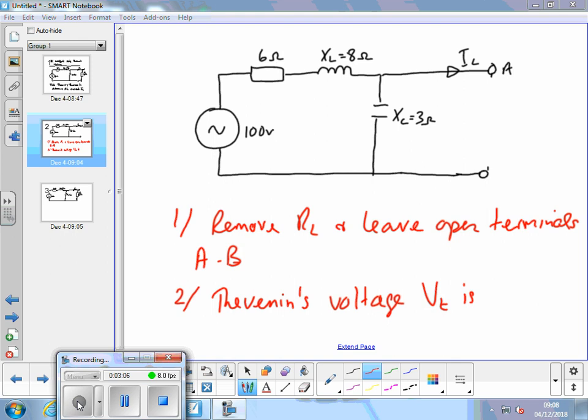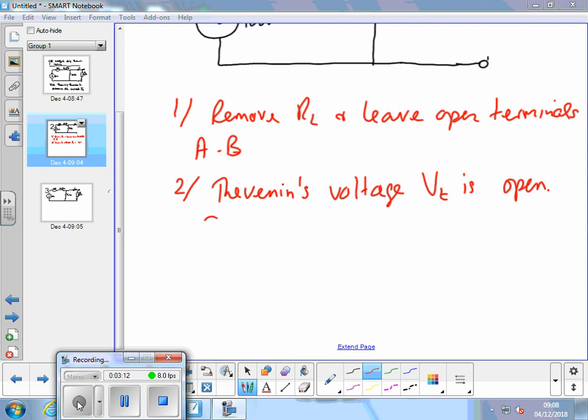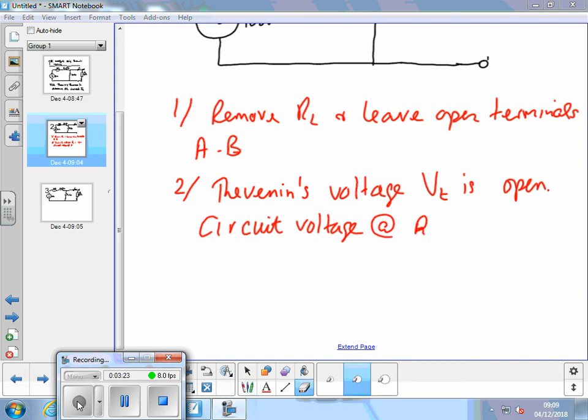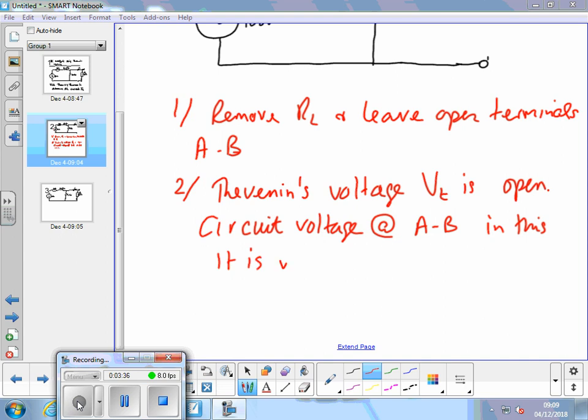It is the open circuit voltage at the terminals A and B. In this case it's the voltage across the capacitor.